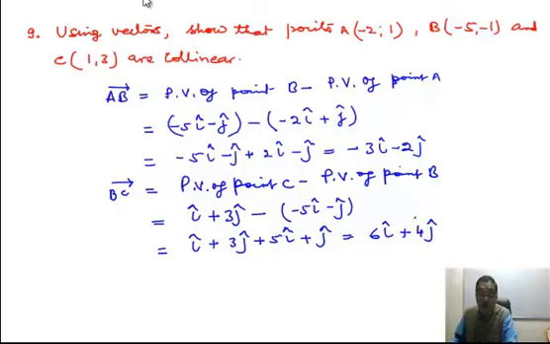Now two vectors are parallel or collinear if one can be written as lambda times the other vector.